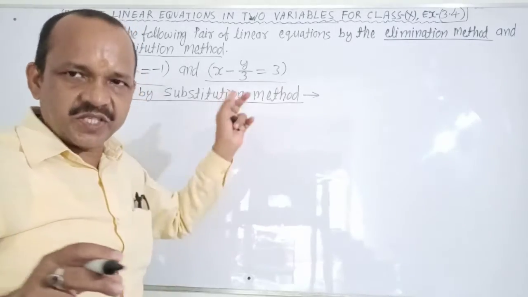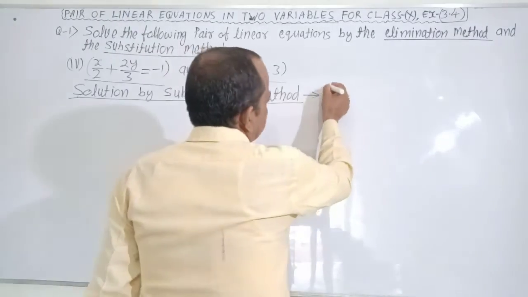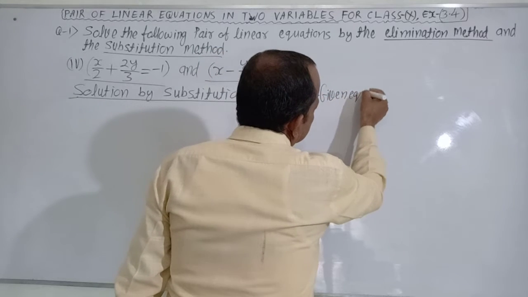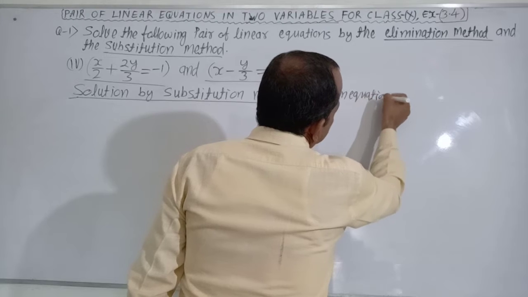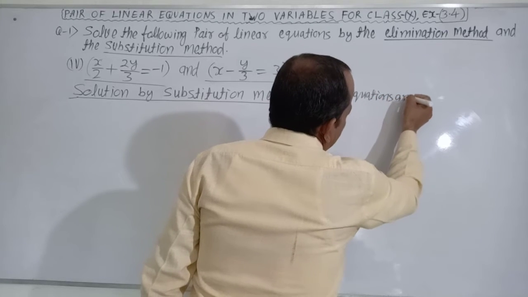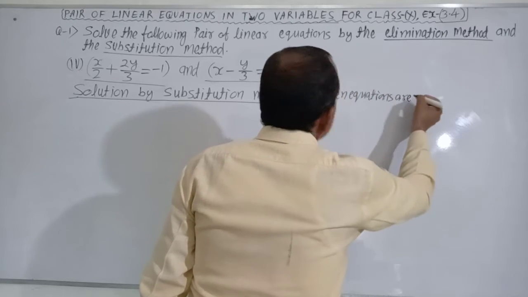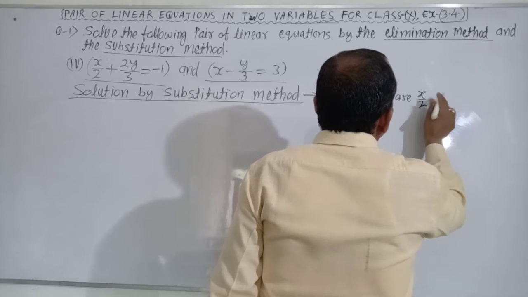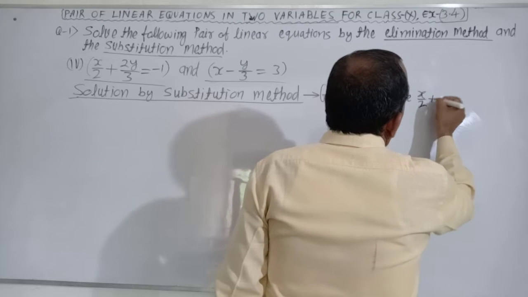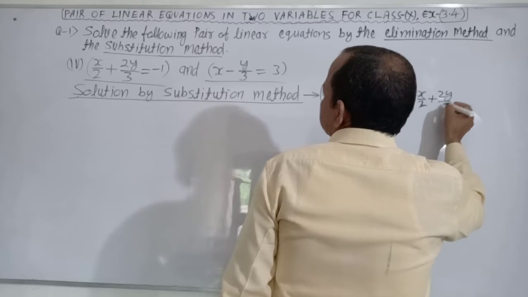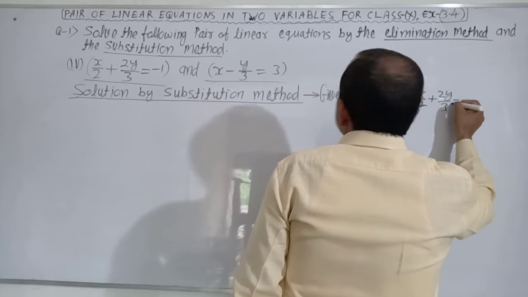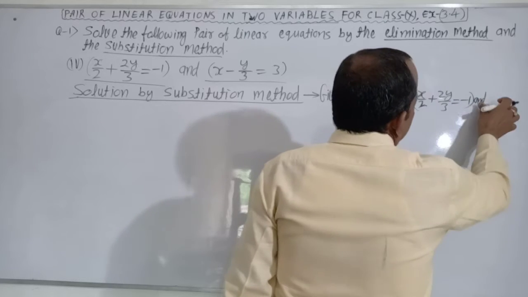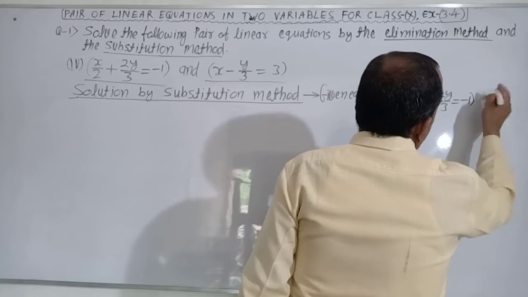See the given equations. x by 2 plus 2y by 3 equal to minus 1, and it is equation first.